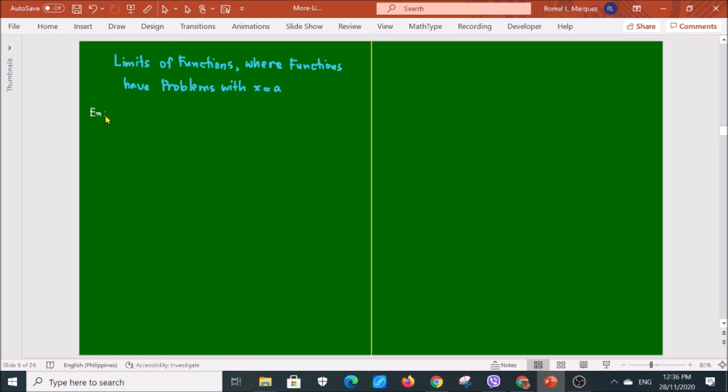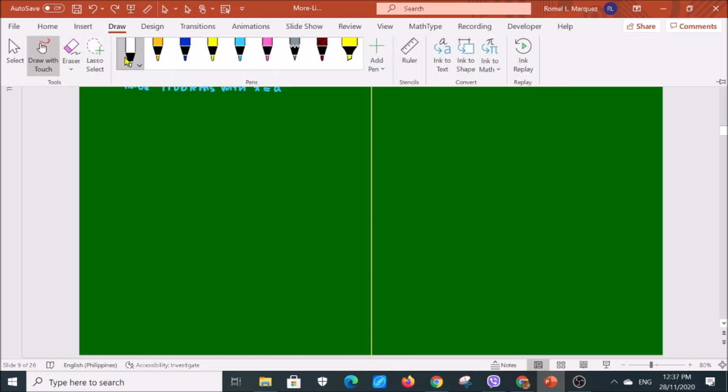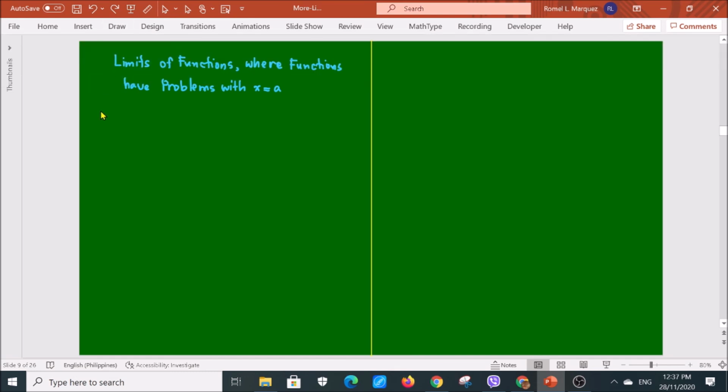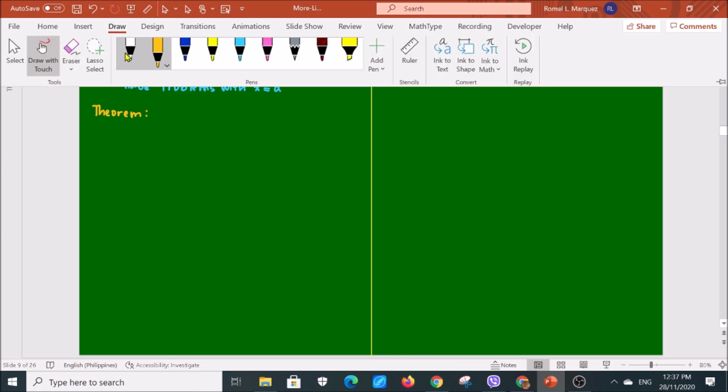By the way, if you have a problem like this, one solution is using this theorem. So the following theorem will help. There is a theorem here that can handle this.